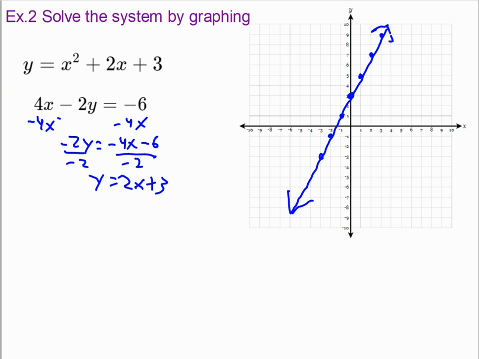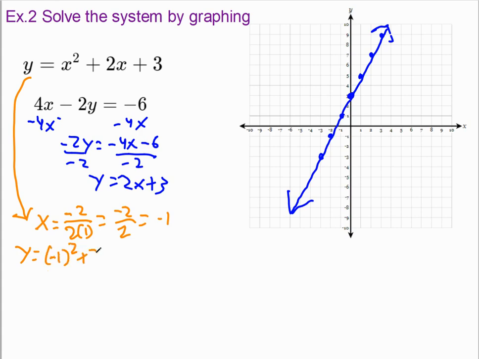For my quadratic, let's work on our quadratic down here. Find my vertex first. Negative b over 2a, negative 2 over 2 times 1. That's negative 2 over 2, that's negative 1. If I plug that back into my quadratic equation, I've got negative 1 squared plus 2 times negative 1 plus 3.